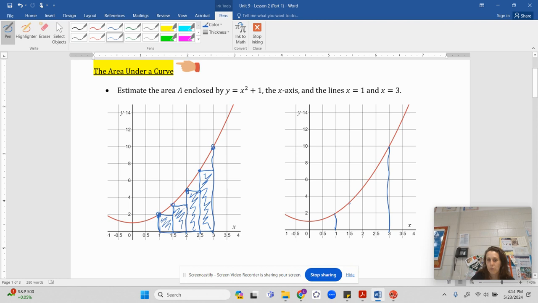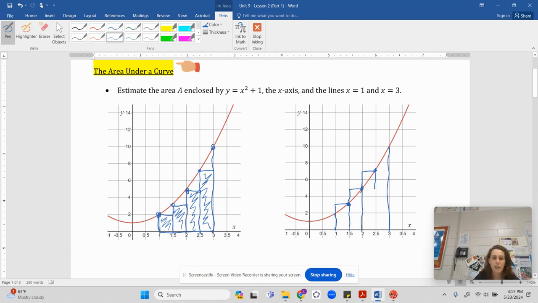So what if I use the right-hand side of the rectangle? So that's the right upper corner of the rectangle where that one intersects the curve. And so I could go, oh, that's not very good. Let me draw this point first. There we go. There's another rectangle. Let's draw it right here.